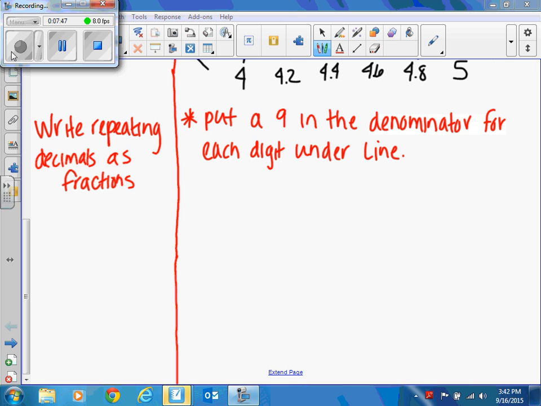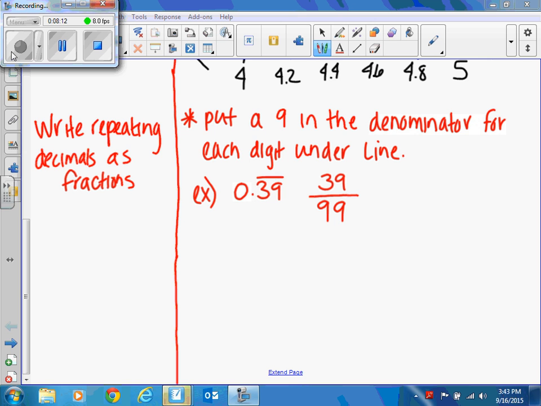So for example, if you have 0.39 and the 3 and 9 are repeating, when you go to write that into a fraction, you're going to put the number on the top, 39, and then since there are 2 digits, the 3 and the 9 both repeating, you're going to put 2 9s. Okay?